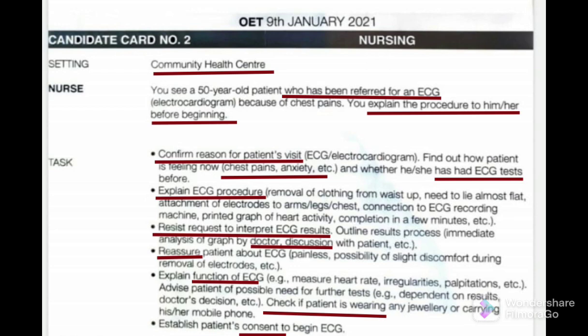We can tell, Mr. Robert, I'm so sorry to tell you that I am not the concerned person to interpret your ECG result. But no need to worry. After the procedure, I will give you the graph. You can go and meet with your general practitioner. Of course, he will discuss with you regarding the graph and if there are any abnormalities. So is it okay for you? Then the patient will tell, oh, okay, it's fine, no problem.